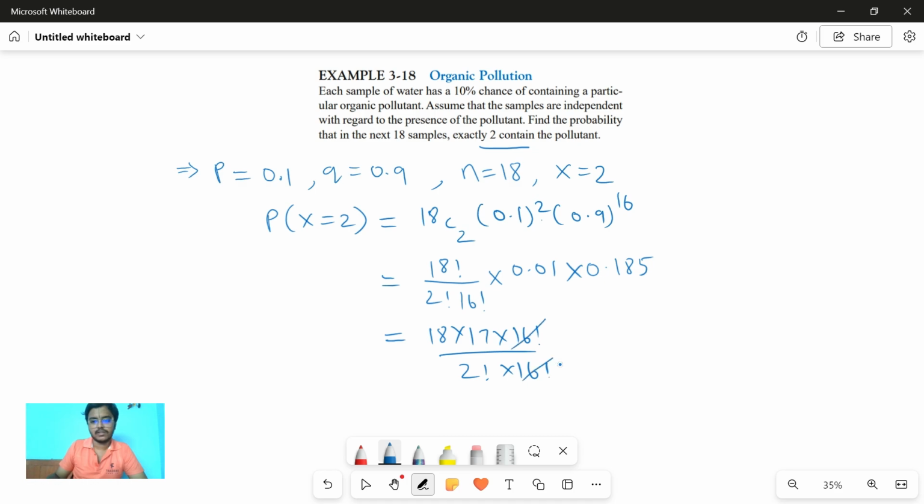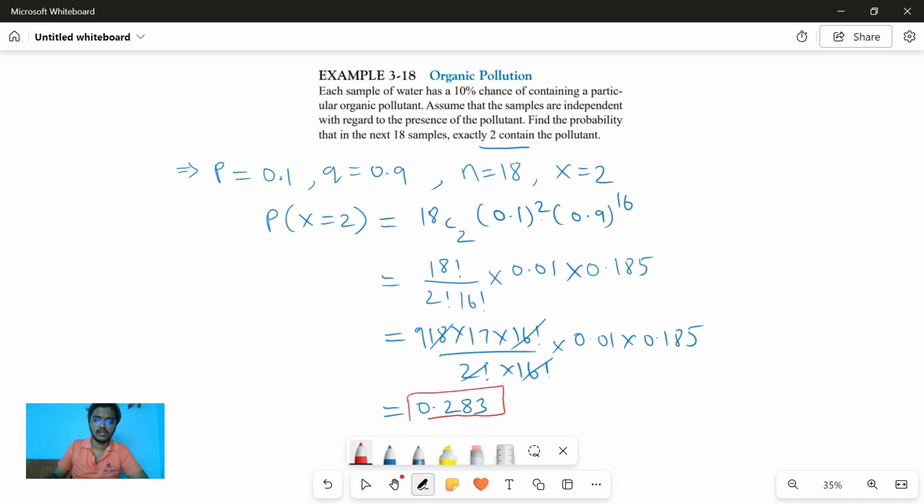Now 16 factorial cancels. You can still cancel the 9 times, so this will be 0.9 power 16 into 0.01 into 17 into 9, correct? So the answer is 0.283. So that is the probability that out of 18 samples, only 2 will contain the pollutant.